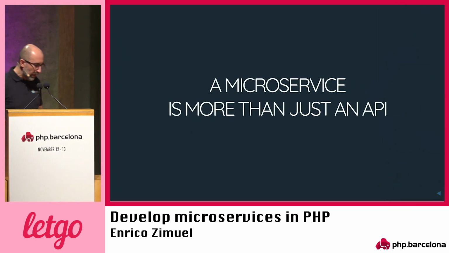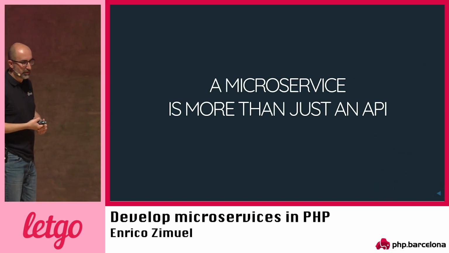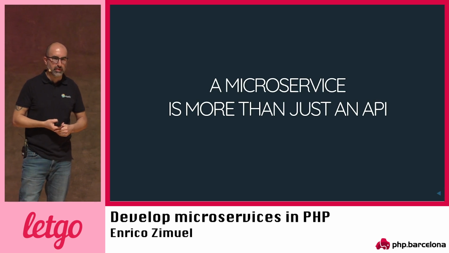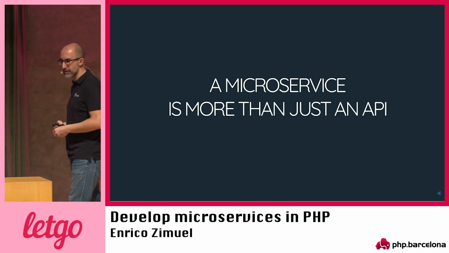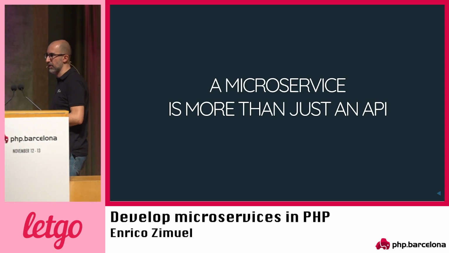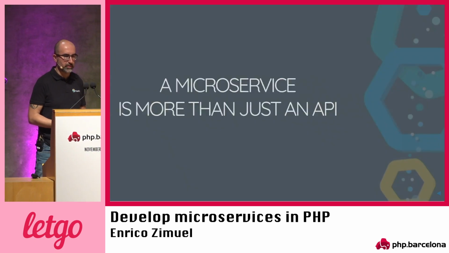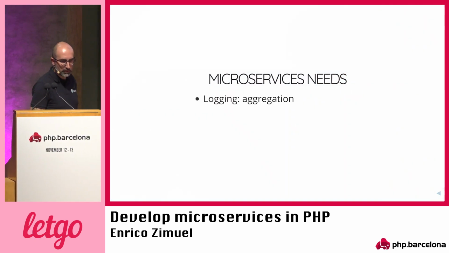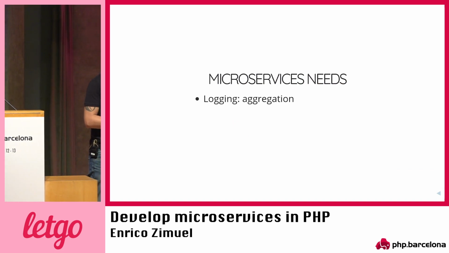Okay, but again, I started my presentation saying that microservices are more than just code, more than just an API. If you really want to do microservices, you need to manage the environment, so basically the entire architecture. For instance, you need logging, and you need to aggregate the logging.